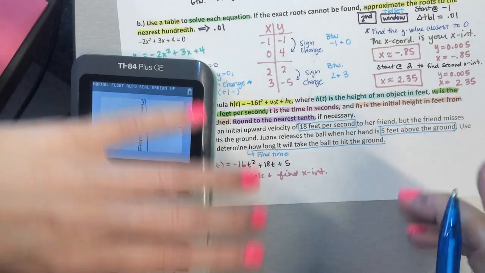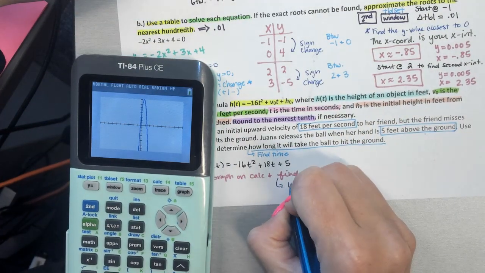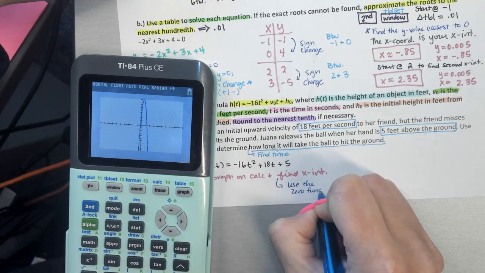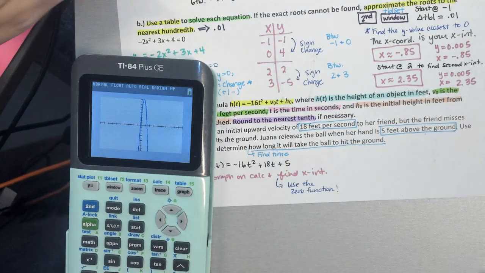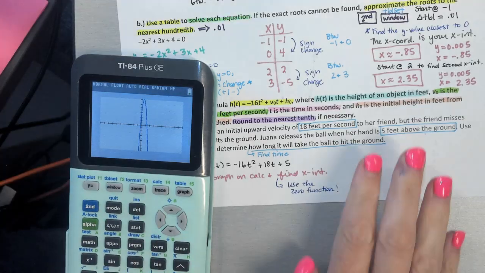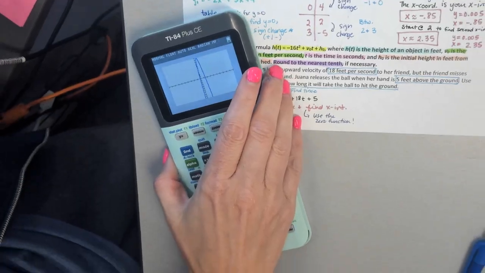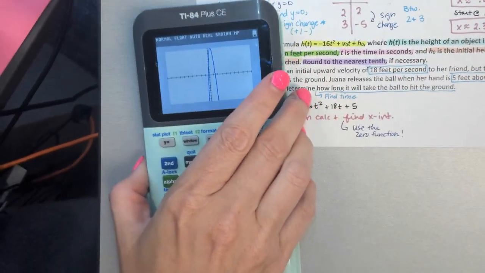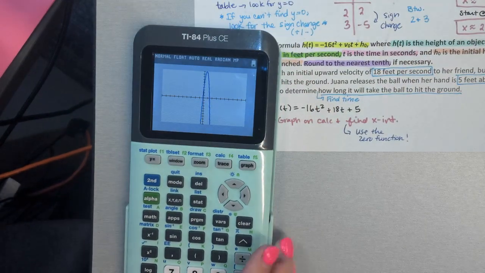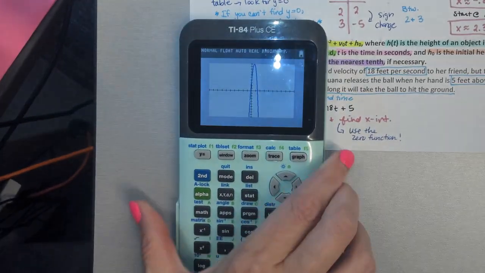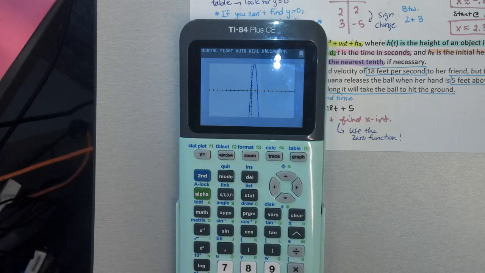So to find the x-intercept, you can use the zero function. Yep, there's a button that does that. So you don't have to look at your graph every time. You don't have to look at your table every time.